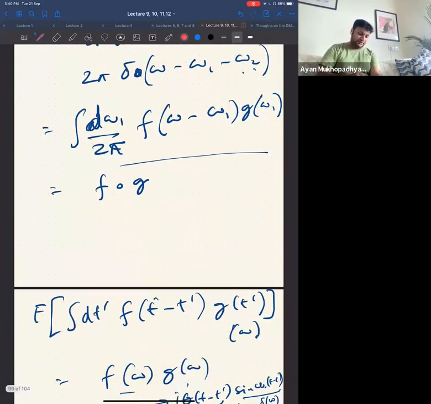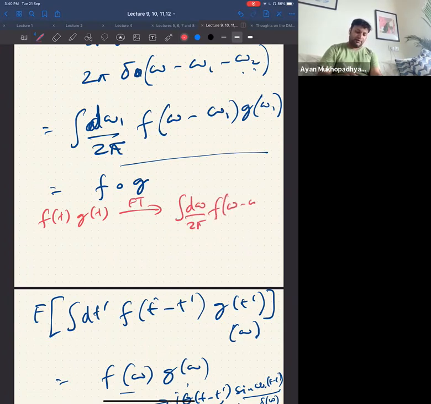In real time, if it is f(t) g(t), the Fourier transform of this should become the integral d omega prime by 2 pi of f(omega minus omega prime) and g(omega prime). Okay, so this is what we should have.